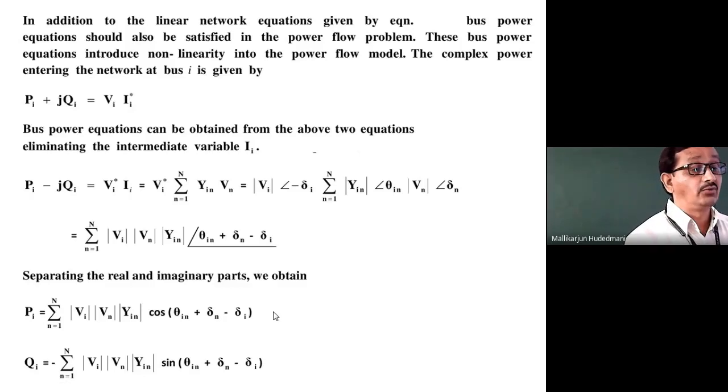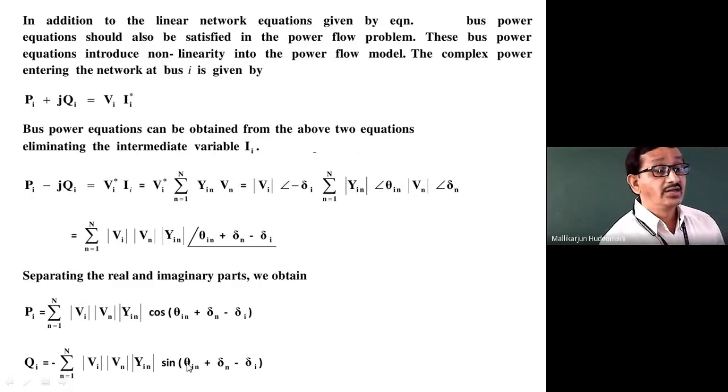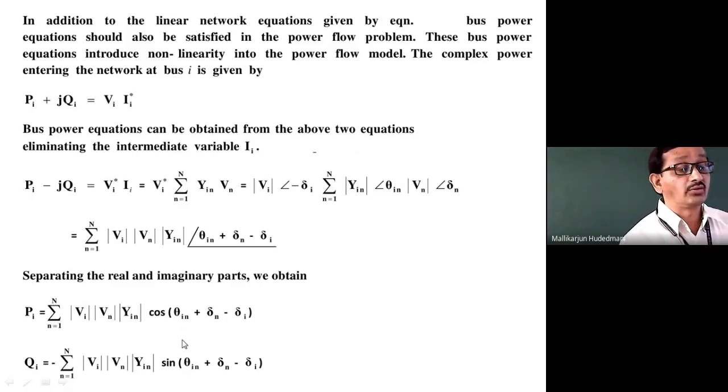I will tell you why. We are supposed to take products of complex numbers, and products of complex numbers in polar form are very comfortable. Hence this is easy, and these two equations are repeatedly used in solving the load flow requirement. Once I am able to separate the active power and reactive power of a particular bus i, which refers to any number in the system.